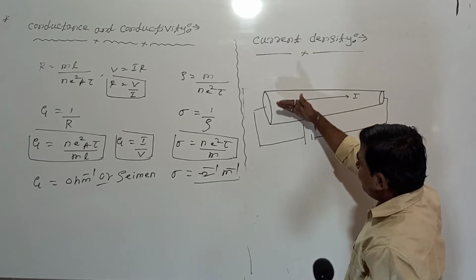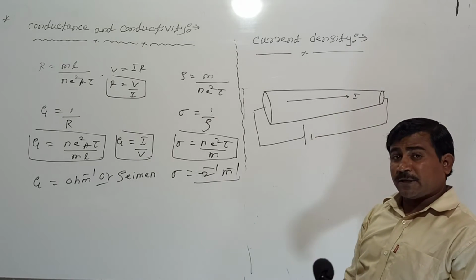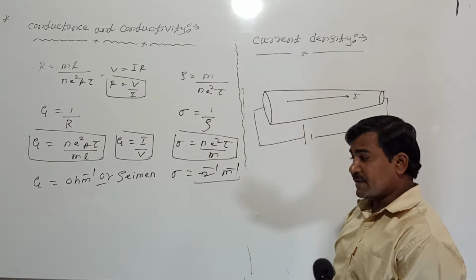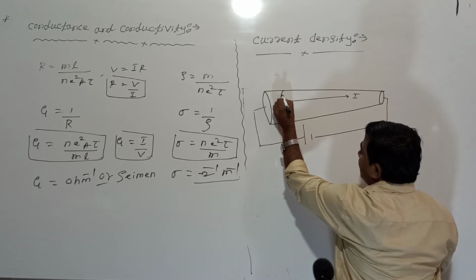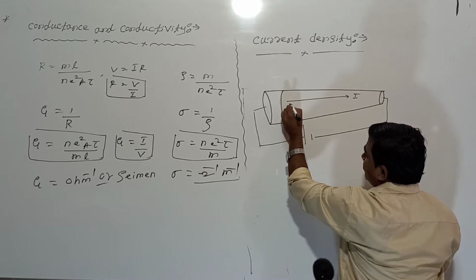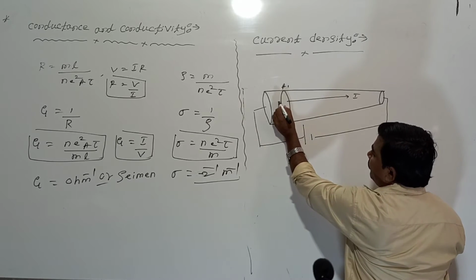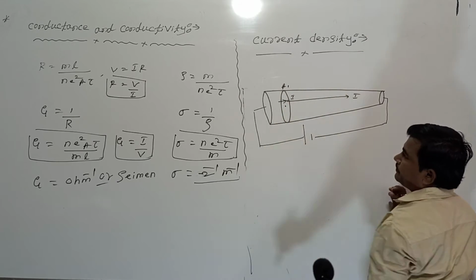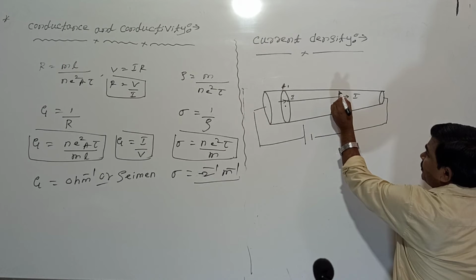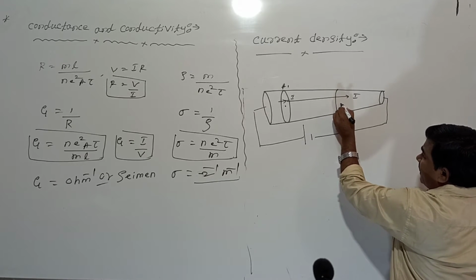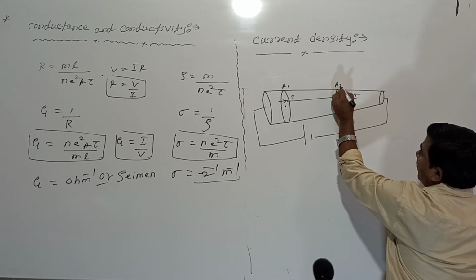See here, at every point of this conductor, current density will change. For example, here I will take the area vector. This is the area vector. A1 is the area. Here I amount of current flows. Here I will choose some more area, A2.